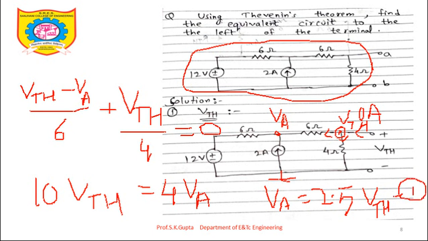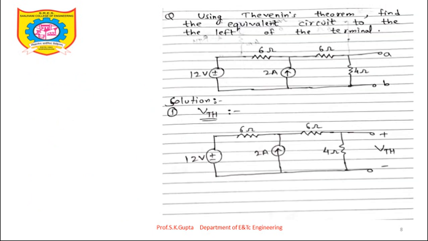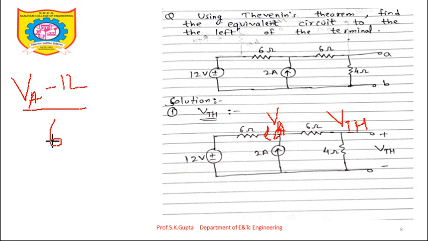Okay. So next, the nodal equation for this node. So VA, sum of leaving current equal to 0, and this node is at higher potential. So what will be this current? VA minus 12 divided by resistance 6, plus VA minus VTH divided by 6.